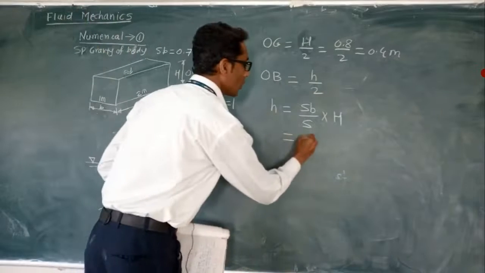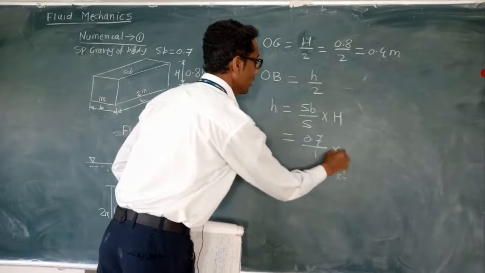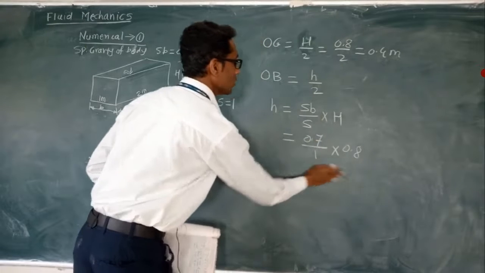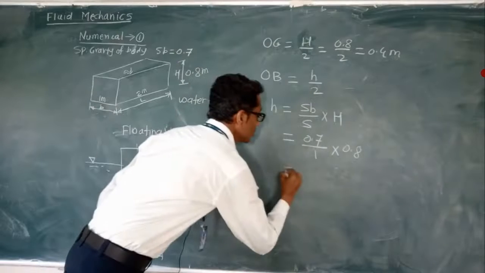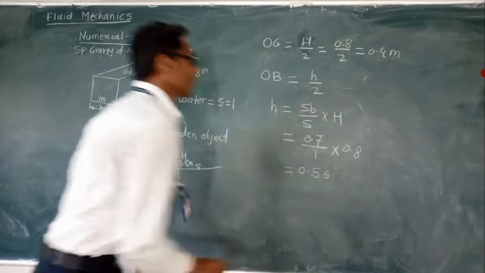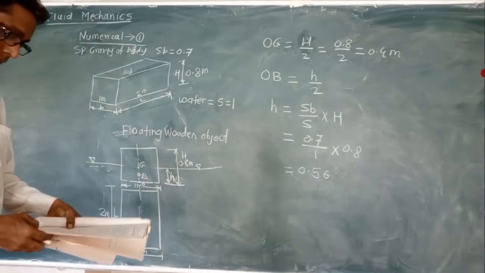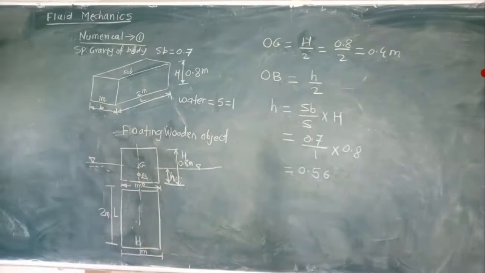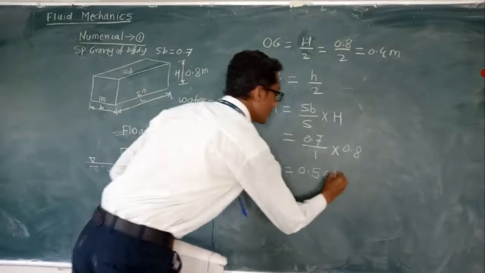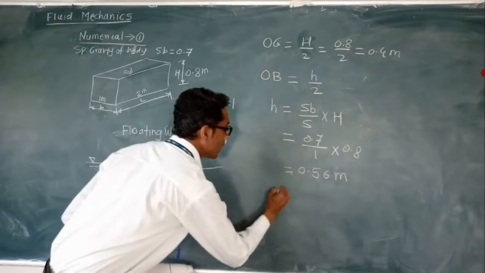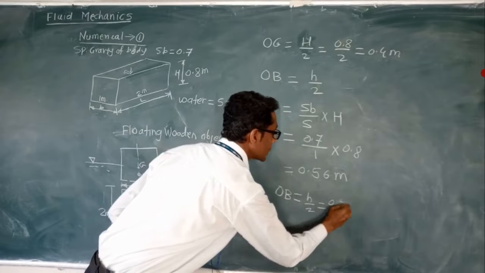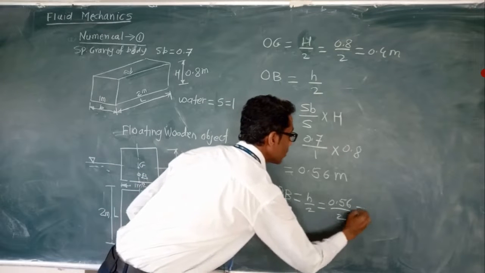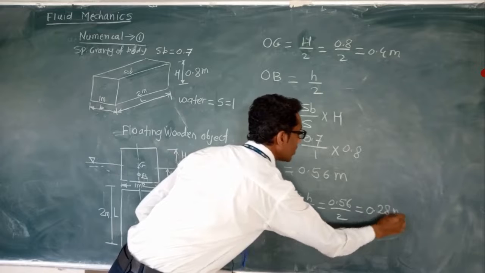Okay, so 0.7 divided by 1 into height 0.8. This calculation you do in the calculator. So we find this 0.56 meter. Okay, now OB h by 2 means 0.56 divided by 2 means 0.28 meter.